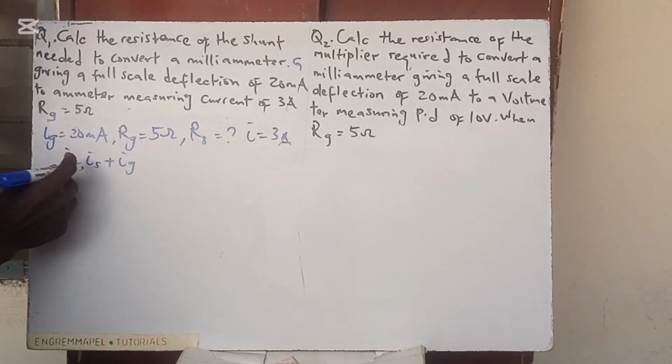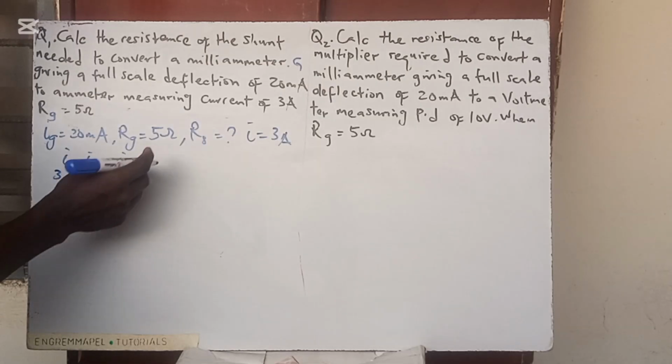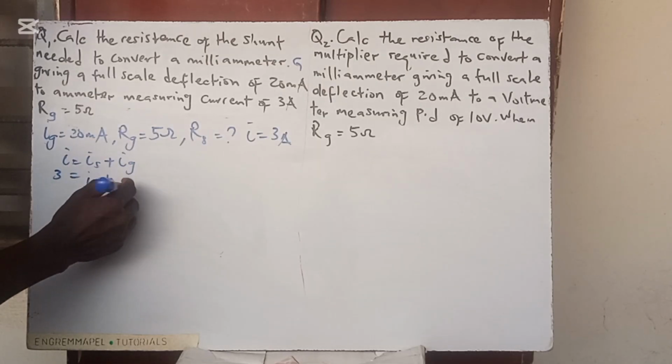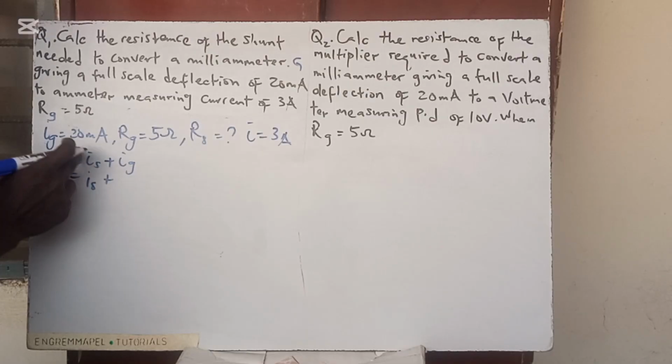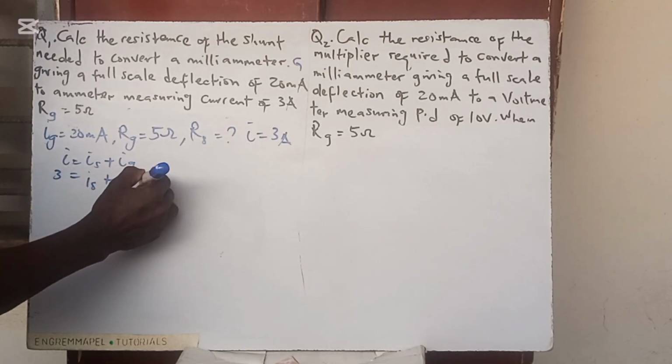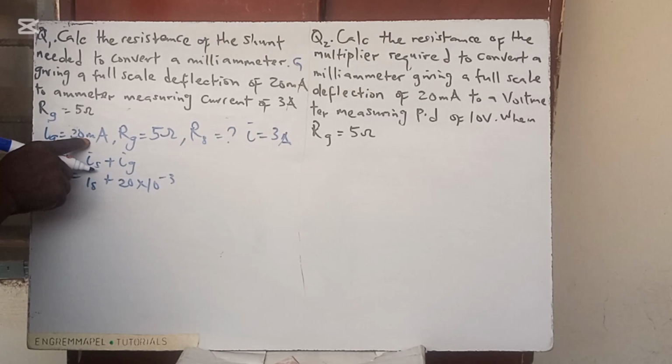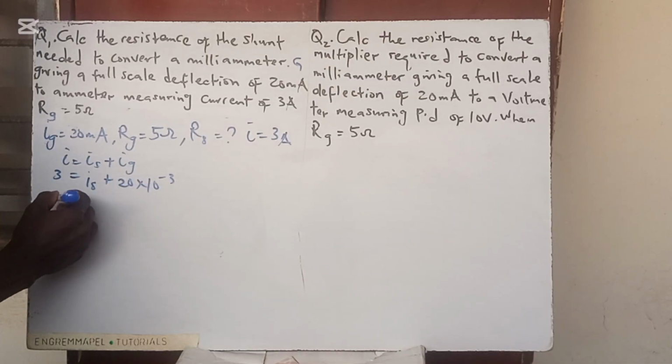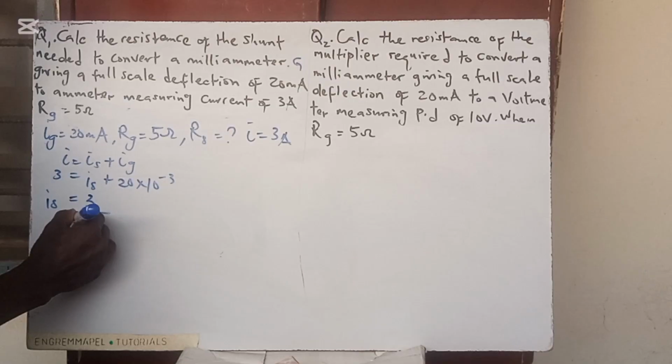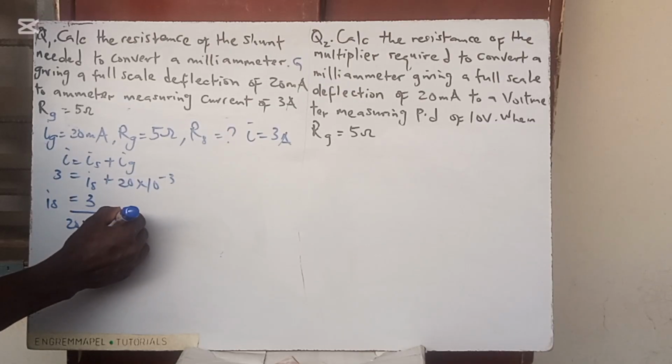So we just have to calculate for that. Using this, 3 is here, because Is is what we are looking for, then plus Ig, which is 20 times 10 raised to power minus 3, that's because of the milli. So we're going to have Is equals 3 over 20 times 10 raised to power minus 3.